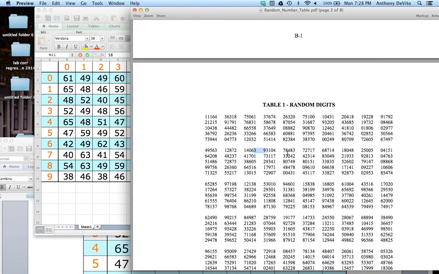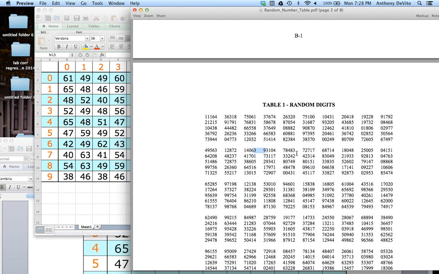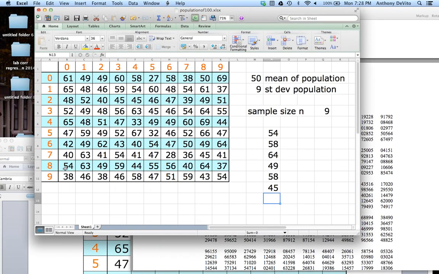And the next one would be 78 and 48. 7, 8 would be 45. And what was the next one? 78 and 48. 4, 8 would be 69.